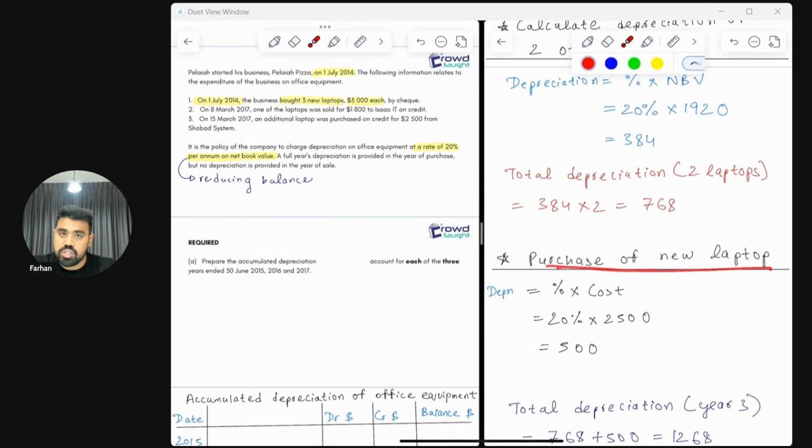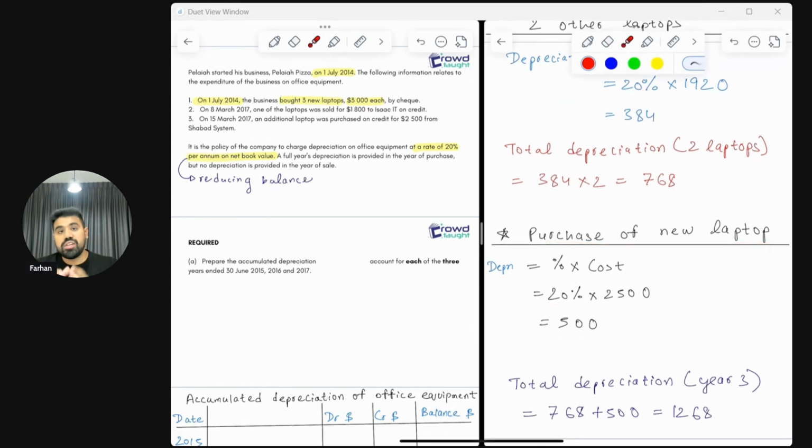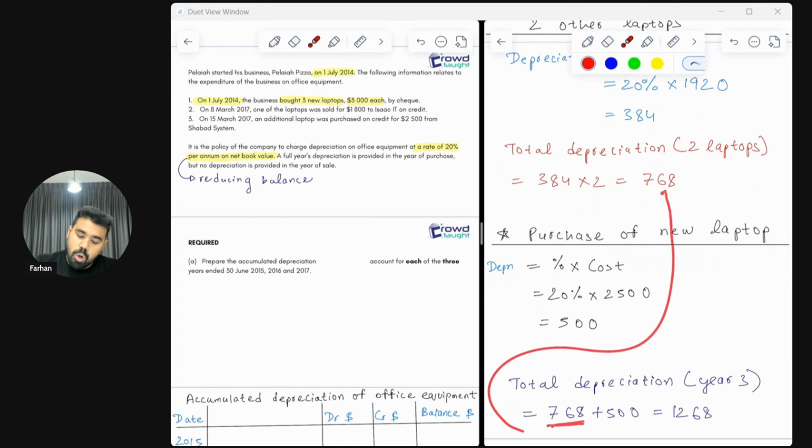In the first year of purchase, we multiply the given percentage with the cost, which is simply multiplying 20% with the cost of $2,500, and that gives us a full depreciation of $500 for this new laptop. Okay. Now, I want to find the total depreciation in year 3 that we have calculated for the 2 old laptops plus the new laptop that we have bought, which is $768 for the 2 old laptops plus $500 for the new laptop, altogether which gives us $1,268.